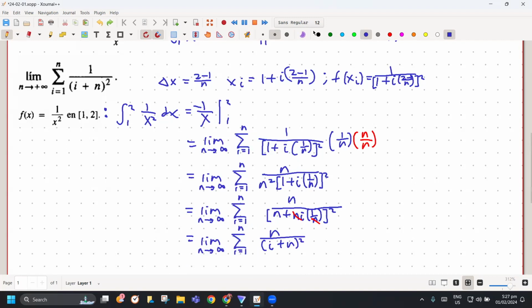Assume f is continuous on negative 1 to 2.